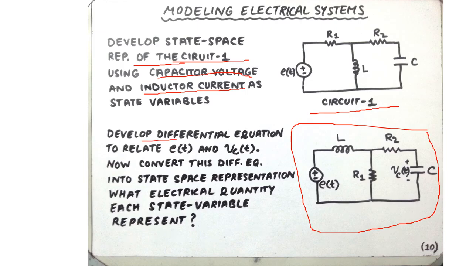You should try to develop the differential equation representation of the circuit that relates the input voltage with the voltage of the capacitor, Vc of t, and then try to convert this differential equation into state space representation, and let me know what electrical quantities each state variable represents.